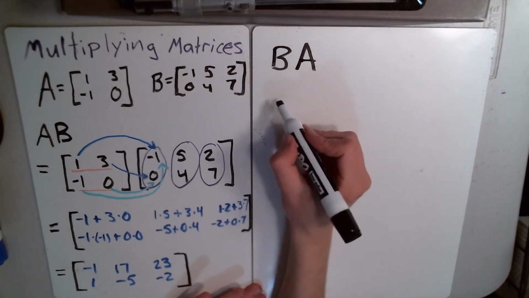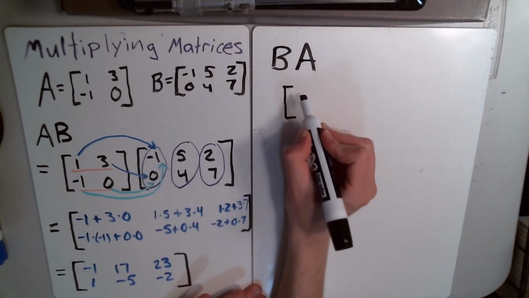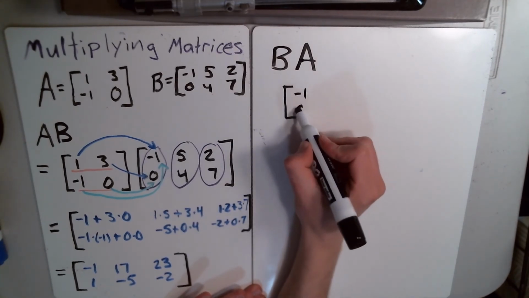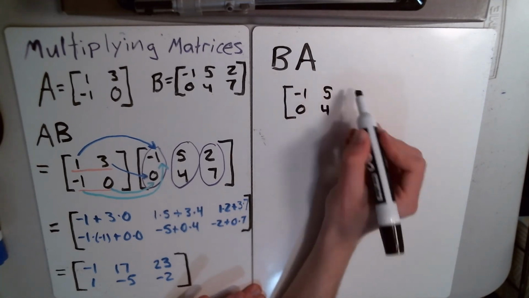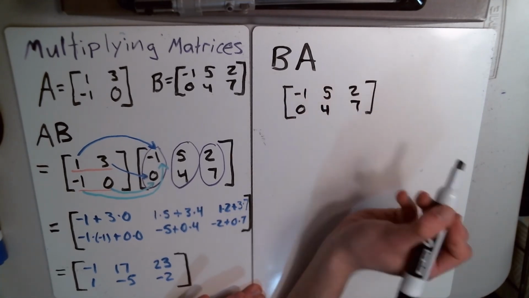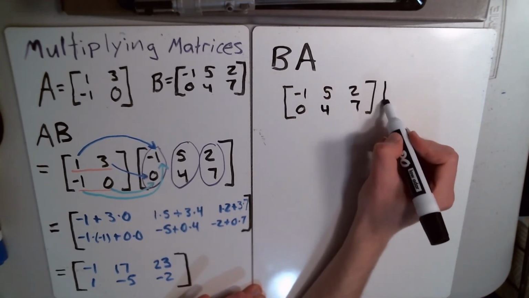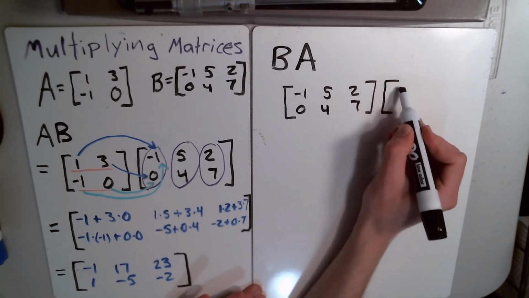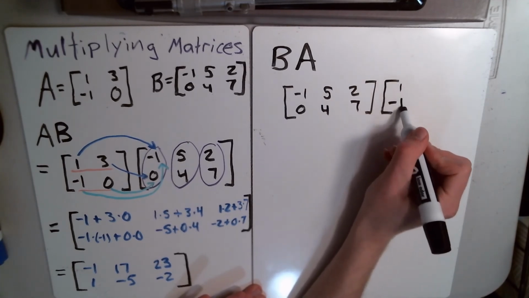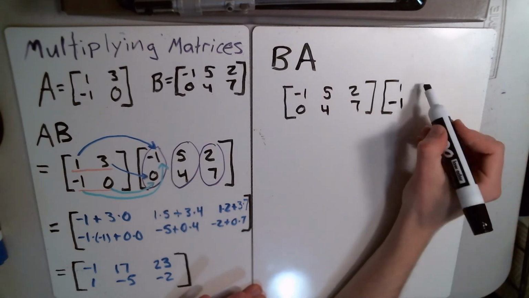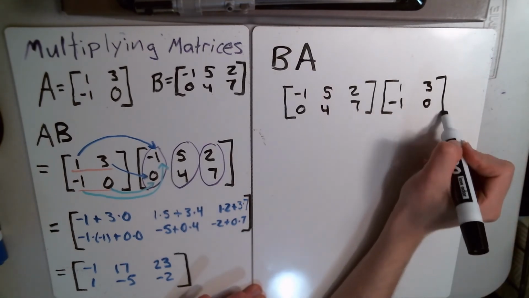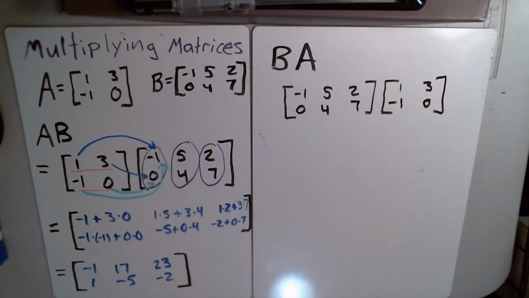So we've got B, this matrix here: negative 1, 0, 5, 4, 2, and 7. I'm going to times it by 1, negative 1, 3, and 0. So this would be BA.